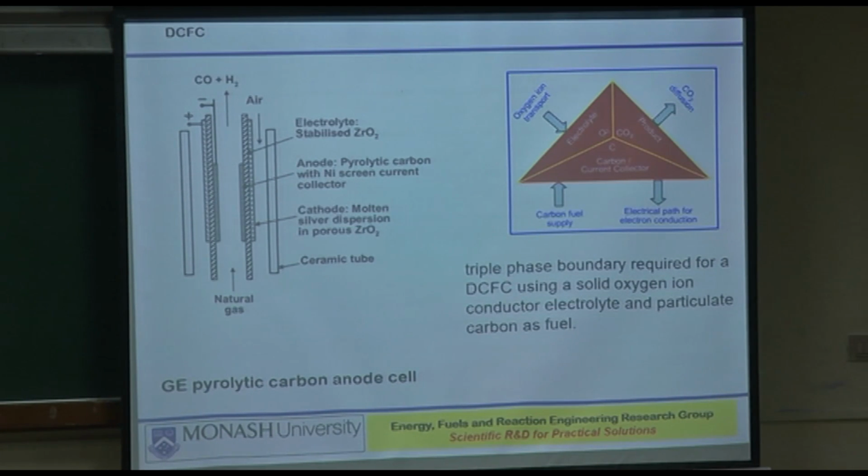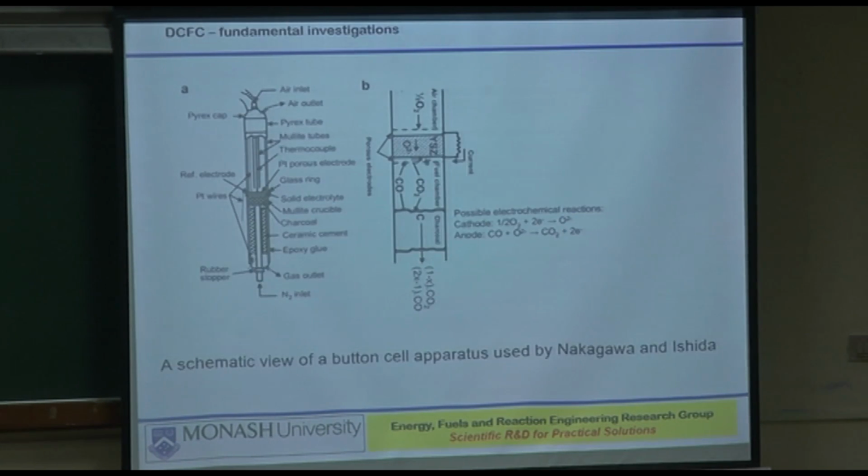Through the carbon anode interface, supply of the carbon and the electrical path for the conduction of the electron is important. And at the end of the day, you will have to take the product gas out, which is the CO2 from here. So this is called the triple phase boundary. That means the boundary is defined by electrolyte, carbon anode, and the products. So you will hear it quite a lot. That's something that I would like you to remember a little bit if you can.